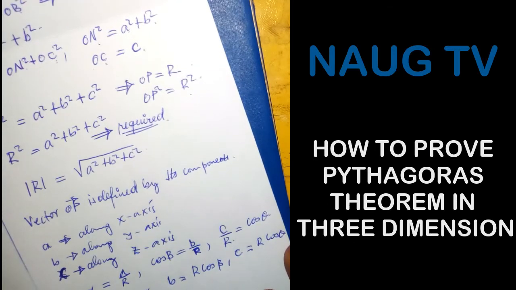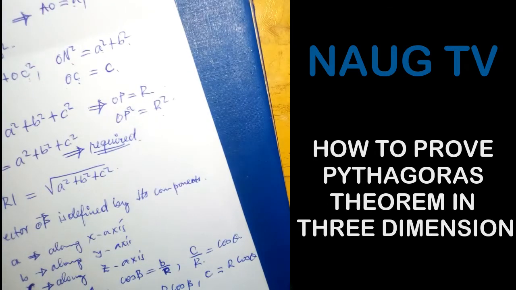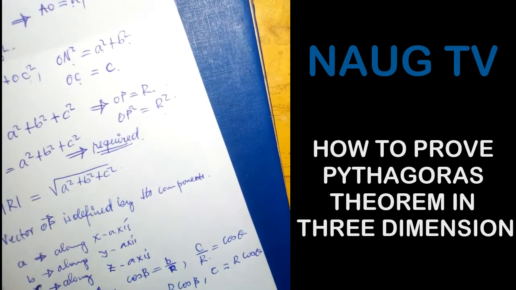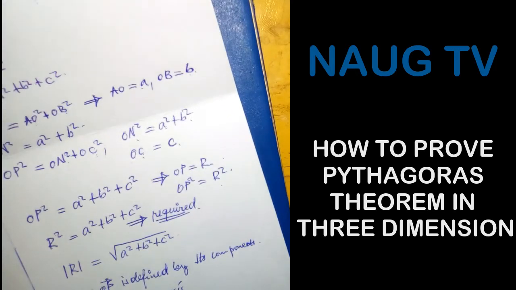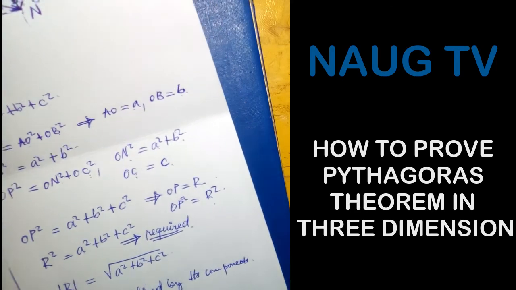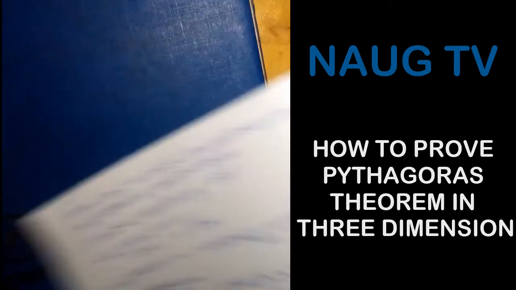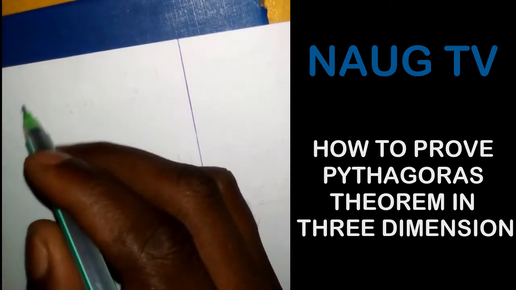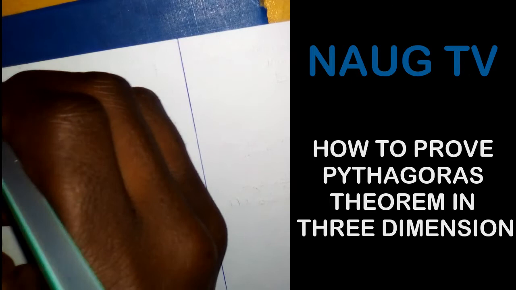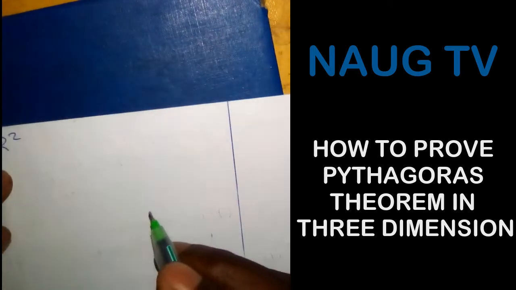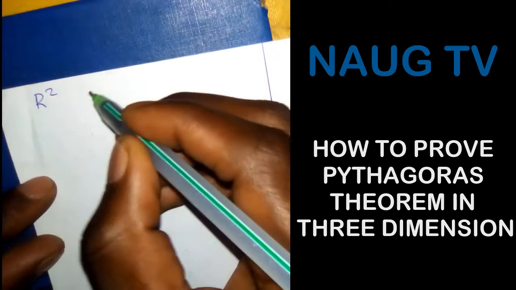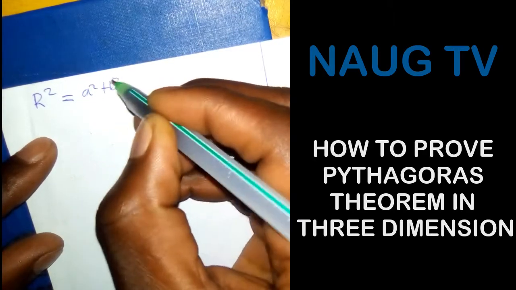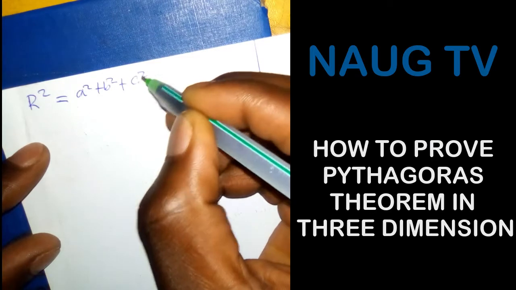Okay. Then, as we have seen here, R squared is equal to A squared plus B squared plus C squared.